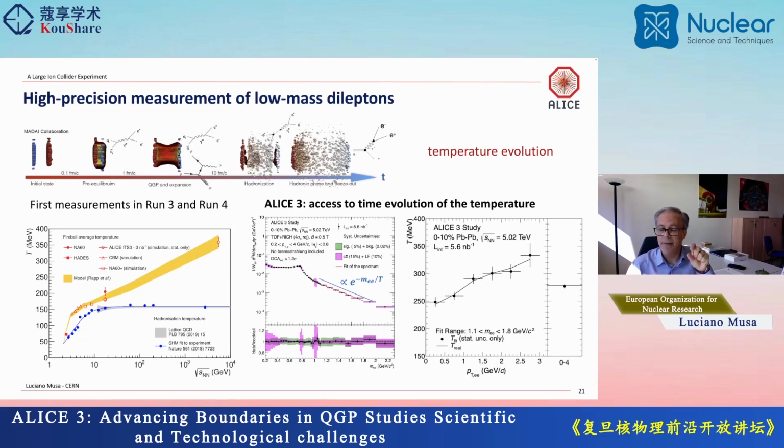Again, we have an average measurement of the temperature. And this temperature evolution will become possible only with ALICE 3, performing a measurement of the pT dependence of the dielectron spectrum inverse slope. So we take slices for different pT intervals.